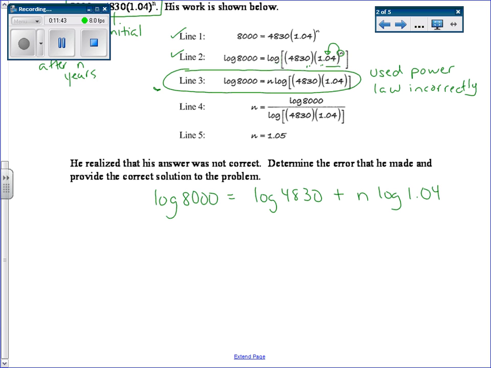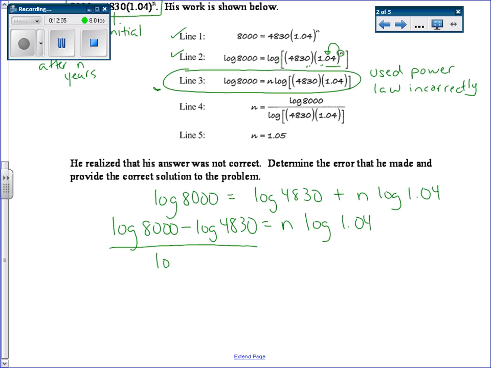So now what we need to do is just get all of our numbers on one side so that our n is on the other side. So we're going to subtract log 4830 from each side. So we get log 8,000 minus log 4830 is equal to n log 1.04. Then we'll divide both sides by log 1.04.